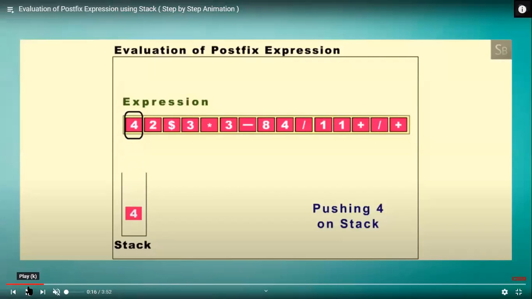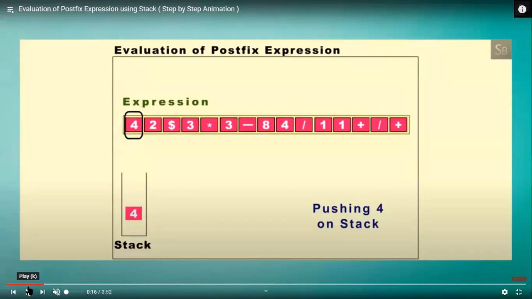So we have the postfix expression as 4 2 $ 3 star 3 minus 8 4 slash or division 1 1 plus division plus. So let us see how the process will take place step by step.